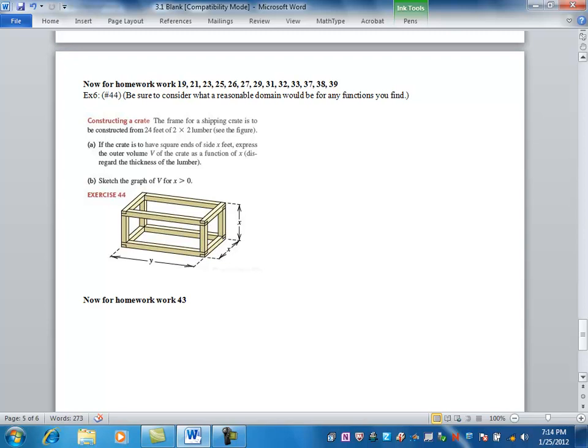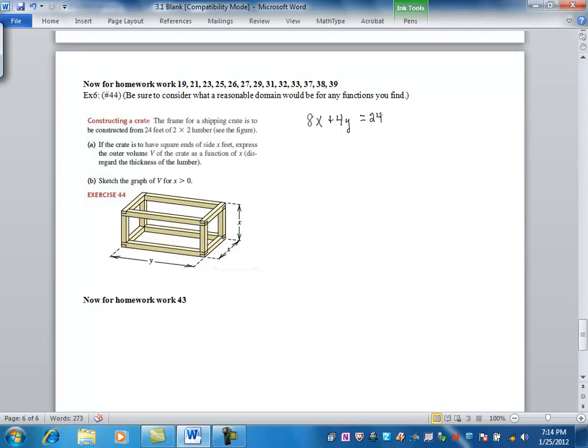We've got 1, 2, 3, 4 x's here, and we've got 1, 2, 3, 4 x's here. So we've got 8 x's. We've got 1, 2, 3, 4 y's. And let's see. That adds up to 24 because that's all the lumber that we have.